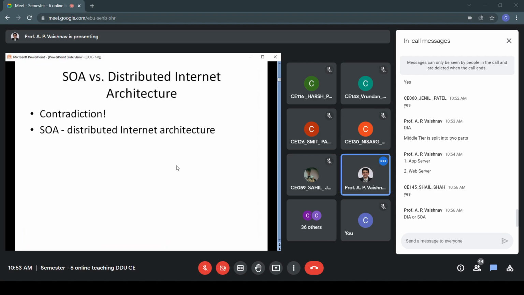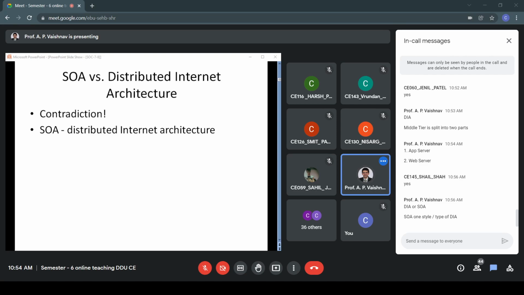Okay. Comparing SOA with distributed architecture is actually a contradiction because SOA is one style, or one type, of DIA only. SOA is one way of having distributed computing.